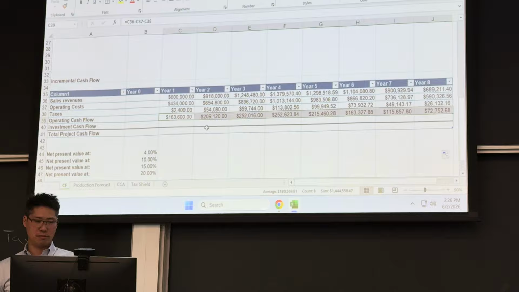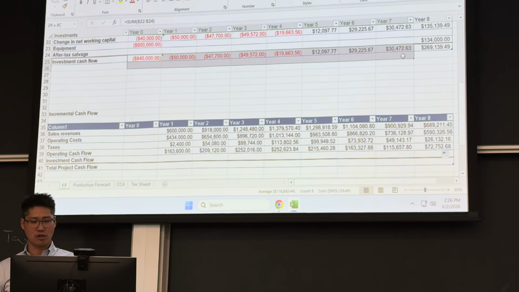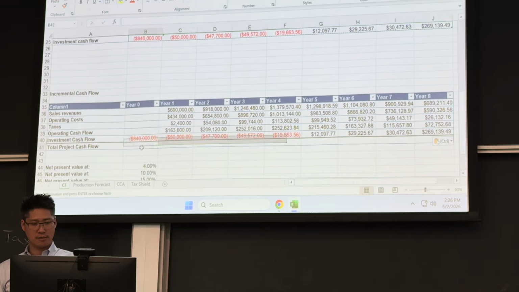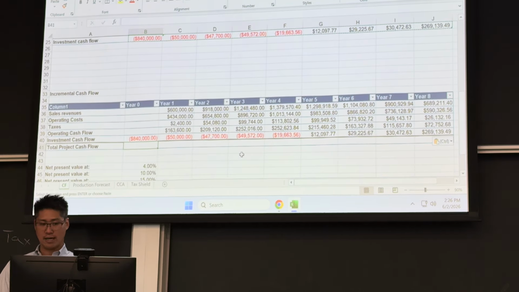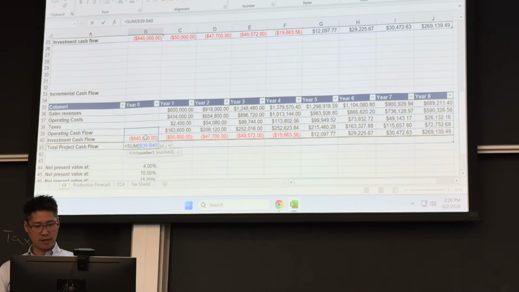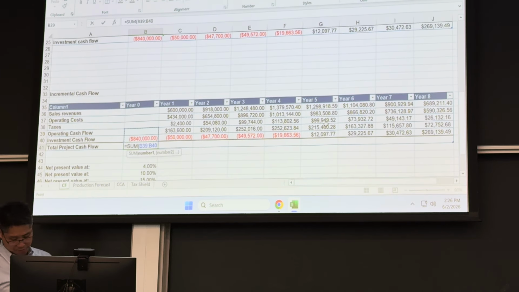Investment cash flow, because we already calculated it here, we just copy these and bring it down here. All right, so we have OCF, ICF, and the total project cash flow is the sum of the two. So we go equal sum of the OCF and the ICF.